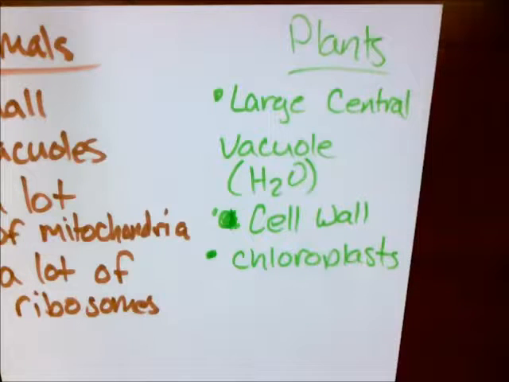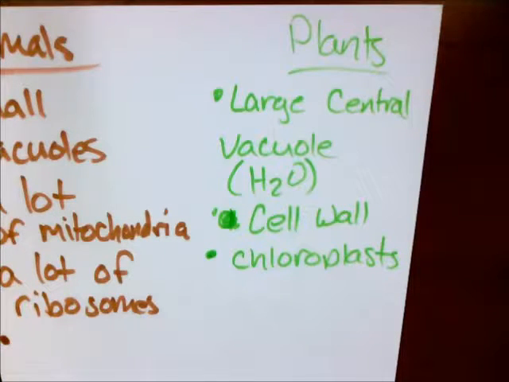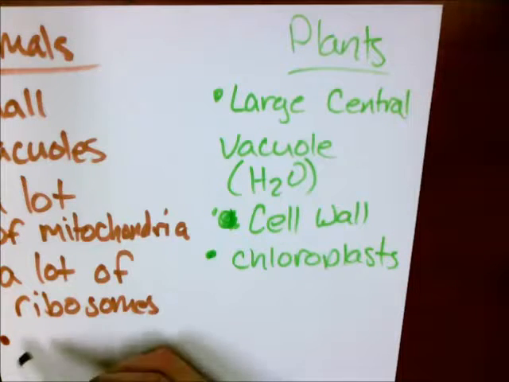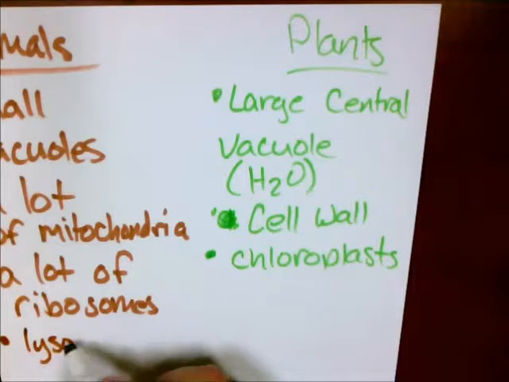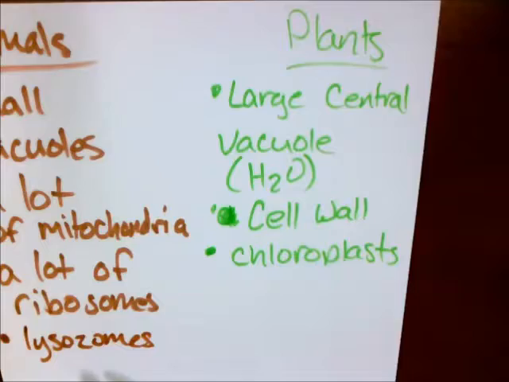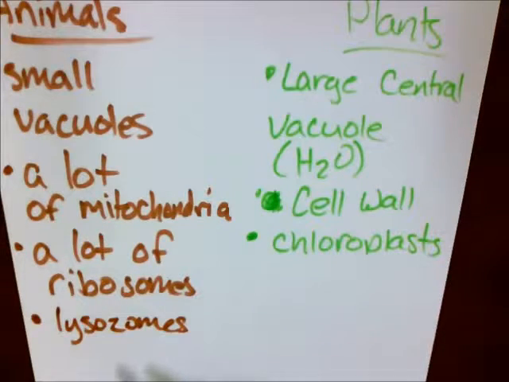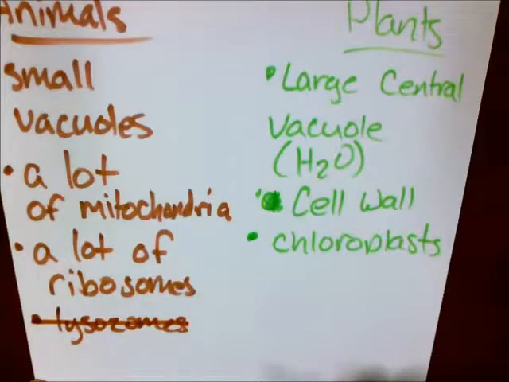I don't want to include this, but I'm going to include it just because. This isn't included in your tutorial, but for the last EOC, it was definitely a standardized fact that animals have lysosomes and plants don't. That's not really true. We found a lot of plants with lysosomes, but I think this shows up on your EOC as something animals have and plants don't. Don't quote me on that one because they might have changed it for this EOC.